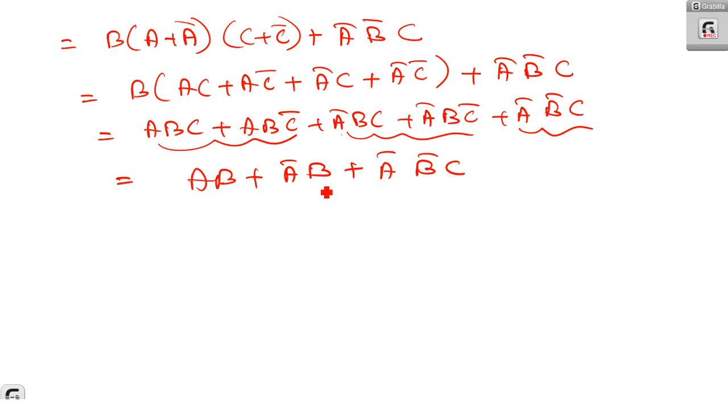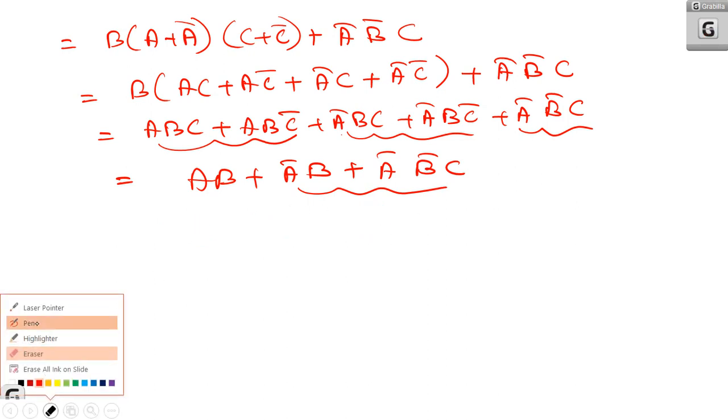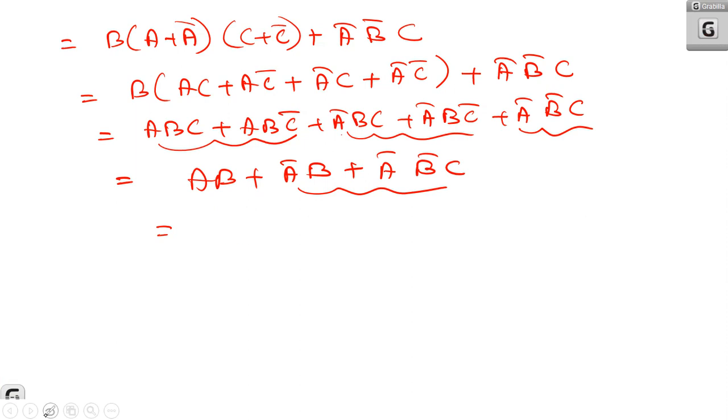So here I am going to take A bar from here. So this AB or A bar into B or B bar C. Any way out? If you go with this step, you will not get the way out. So again, I will simplify it another way.